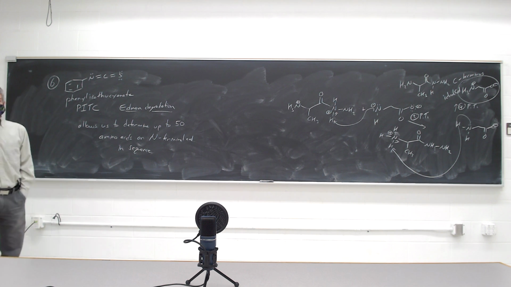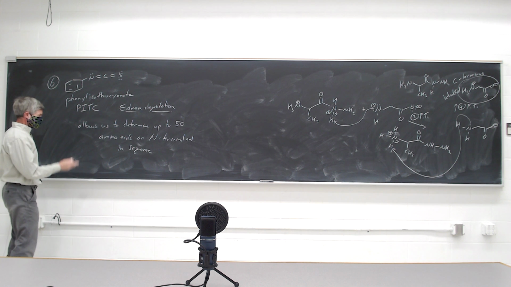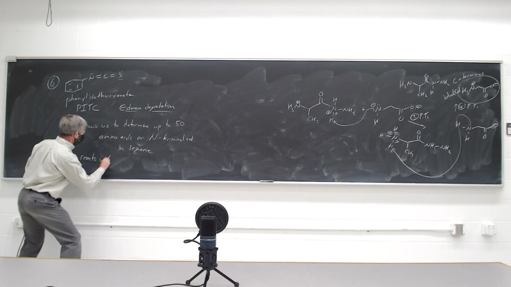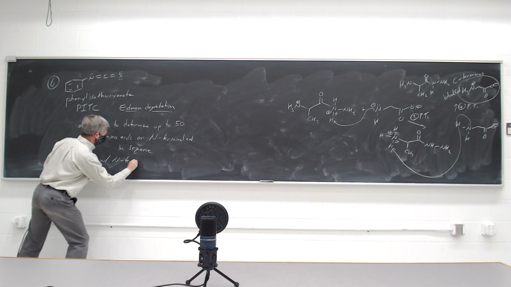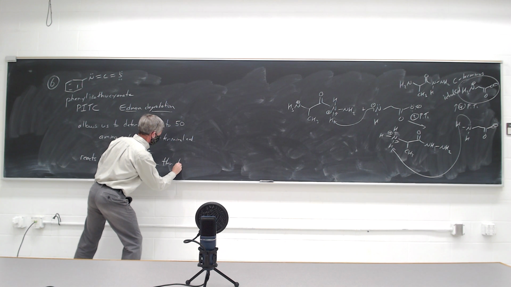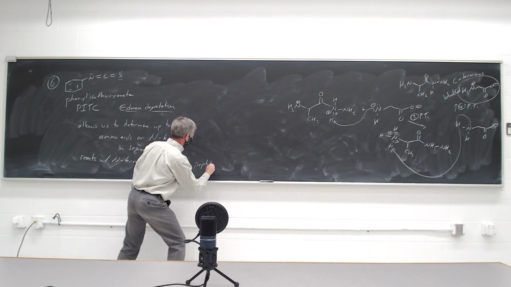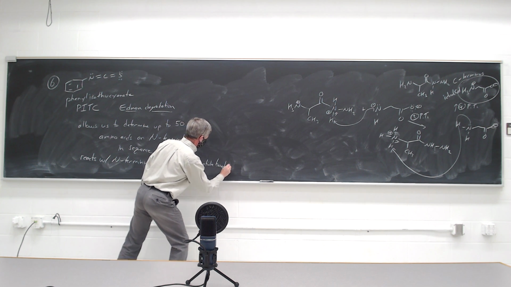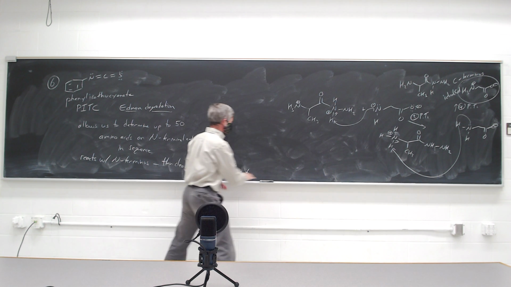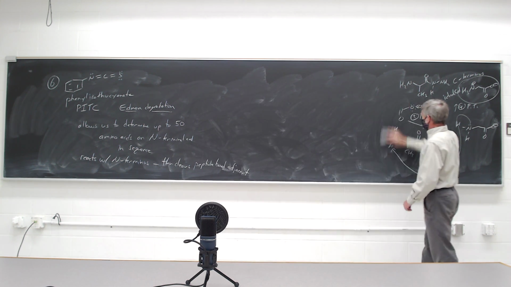So it does more than just tag the N-terminus. It actually breaks the peptide bond as well. And it cleaves just the adjacent peptide bond and kicks out a new N-terminus.